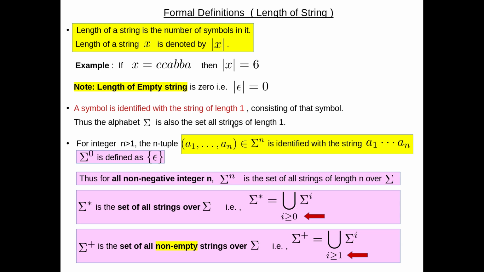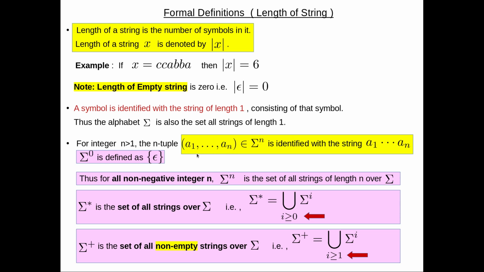And so far we are saying strings are finite sequences. In fact, this term finite sequence itself we haven't defined properly. So we can take the n-fold Cartesian product of sigma, right? So the elements are n-tuples.